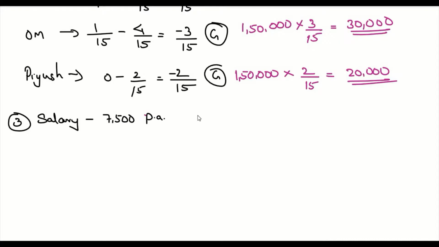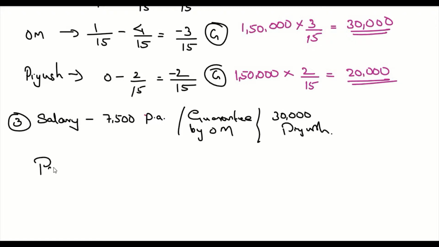That's for the complete year, and he is also given a guarantee that he will get a minimum of 30,000 rupees as his profit. Guarantee given by Om. This is given to Piyush.